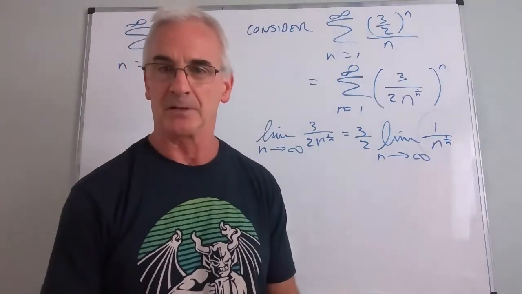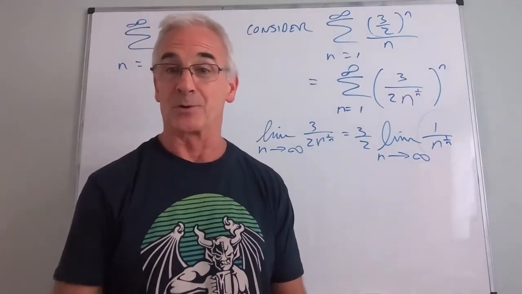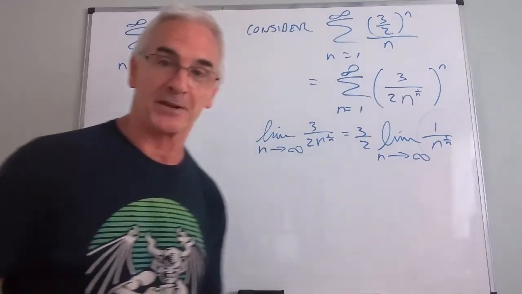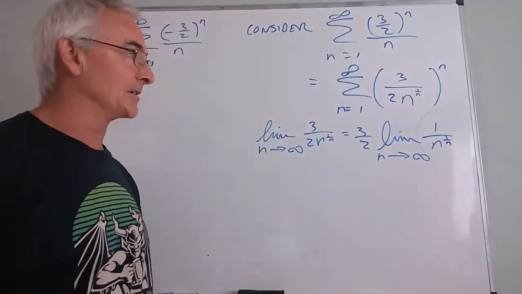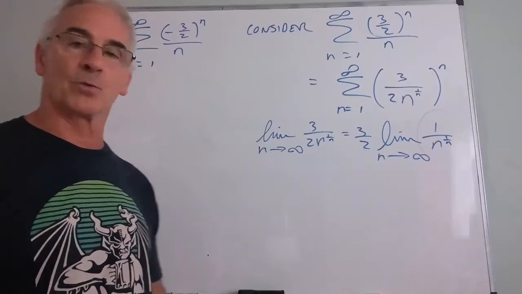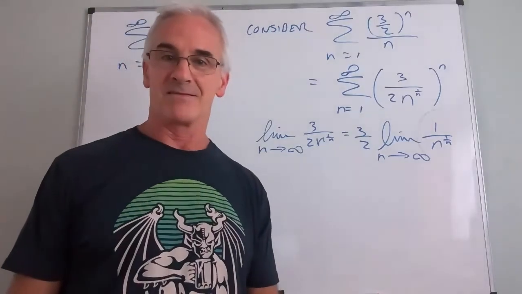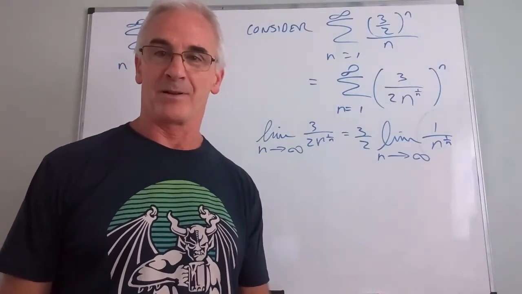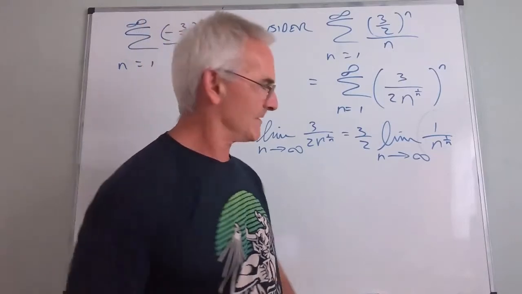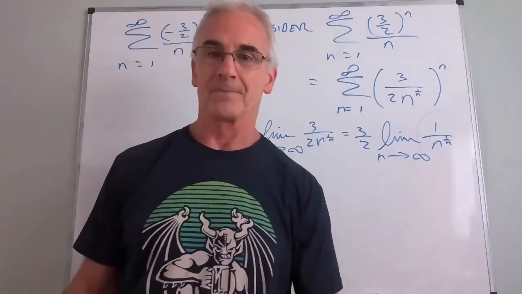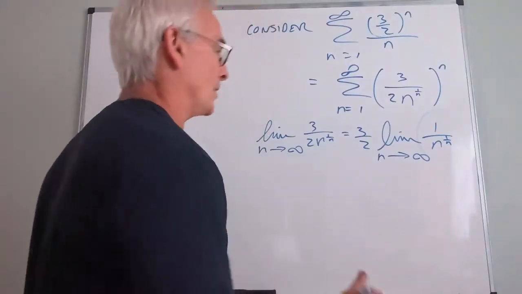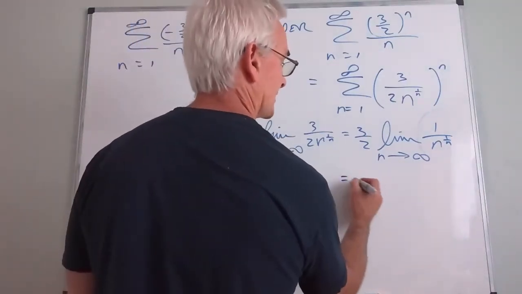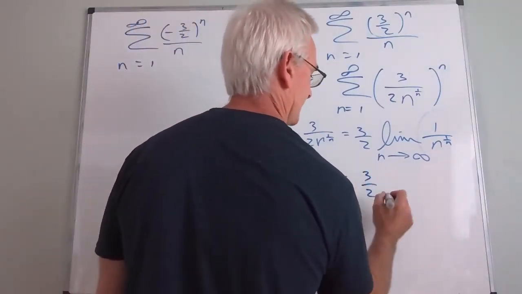It's one you might even want to write down, because you can use that on the next test, I hope. What is that limit? The limit as n goes to infinity of n to the 1 over n. You remember? It's 1. So this is 3/2.